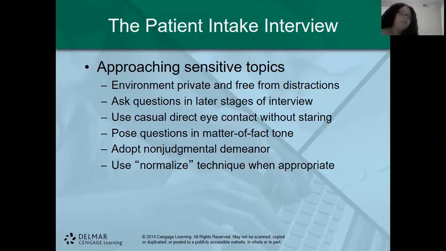So when you approach sensitive topics, make sure that everything is private. It's just you and the patient, and there are no distractions. Ask those questions later in the interview, because you want to build a rapport first. Don't go in there immediately and ask how many sexual partners you have, because that's just going to throw the patient off. Use casual, direct eye contact, and don't stare at the patient. Do not stare at the patient.